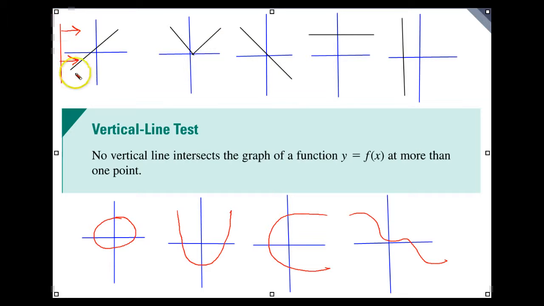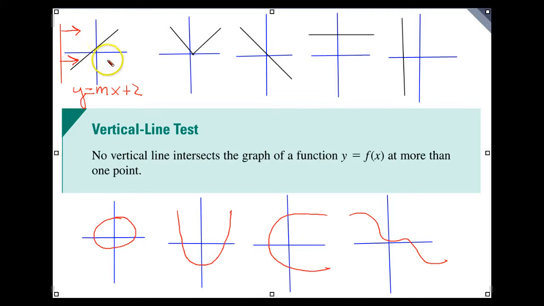Now, as this vertical line comes over this, which happens to be, let's say, y equals mx plus 2, is this a function? And we denote a function by the vertical line that we're passing over the face of the graph only intersects in one spot at a time.